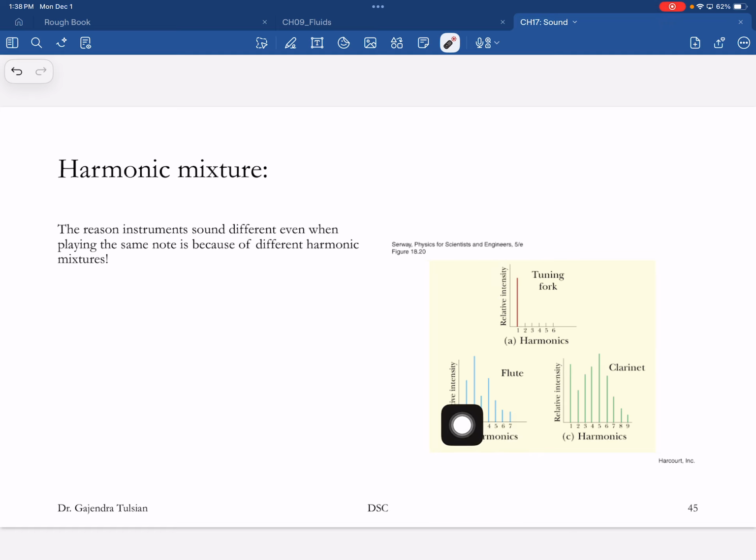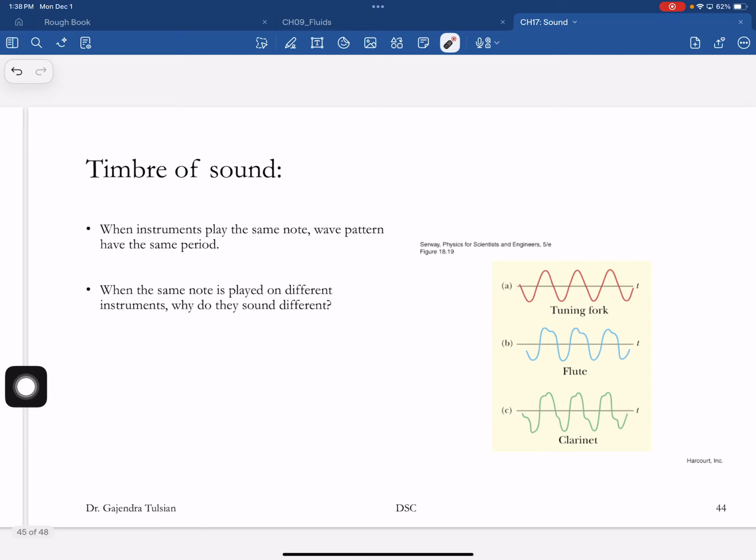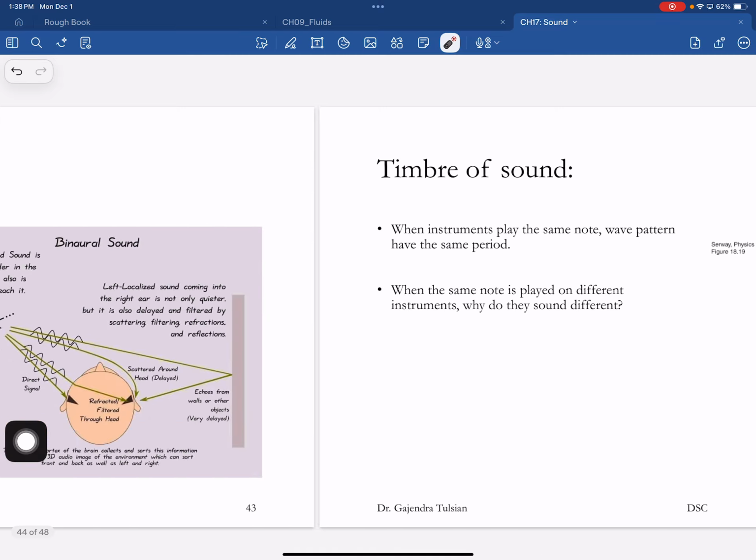The flute has all these harmonics, 100 hertz, 200 hertz, and all that stuff. Those are integer multiples of the lowest frequency. And there's the harmonic mixture of the clarinet. Okay? And you can see that the clarinet sounds tinnier than the flute. Okay? And so this is called the timbre of the sound.